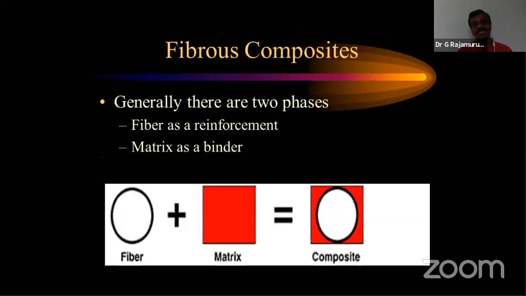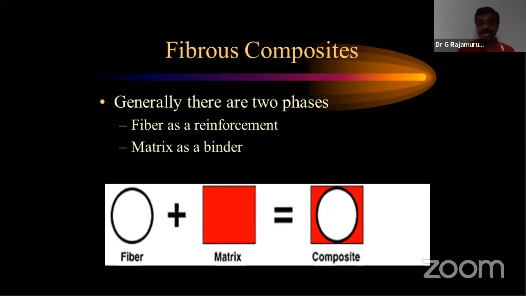And if you talk about fiber matrix composite, how can it be manufactured? It can be manufactured by adding fiber plus matrix, and in some cases, according to your requirement, you can add reinforcements.